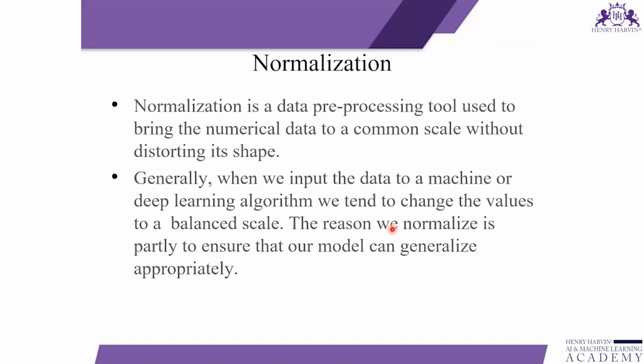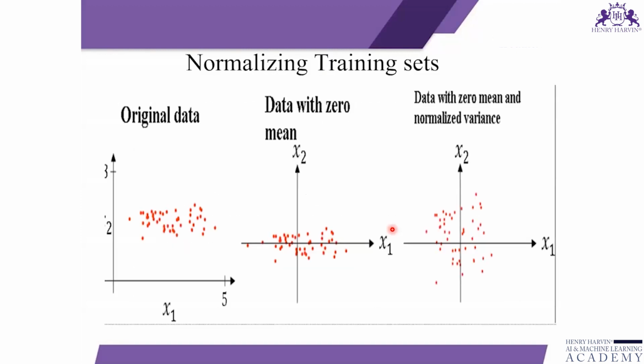So first try to understand how normalization helps. We used to normalize the data between 0 and 1, or normalize the data with a 0 mean and 1 standard deviation. We studied this in machine learning, and how it really helps.